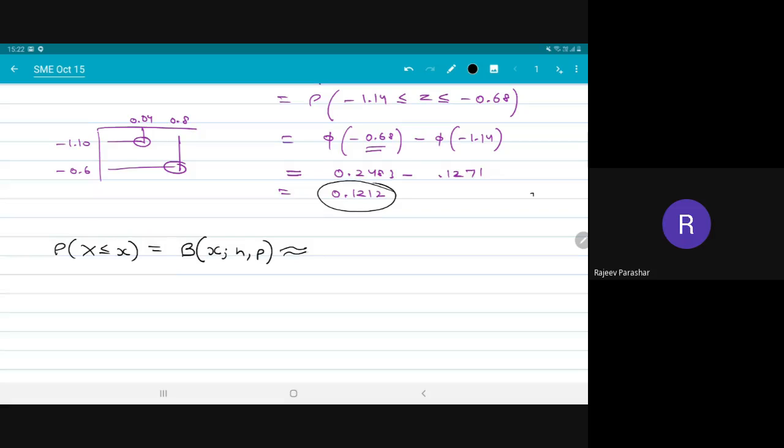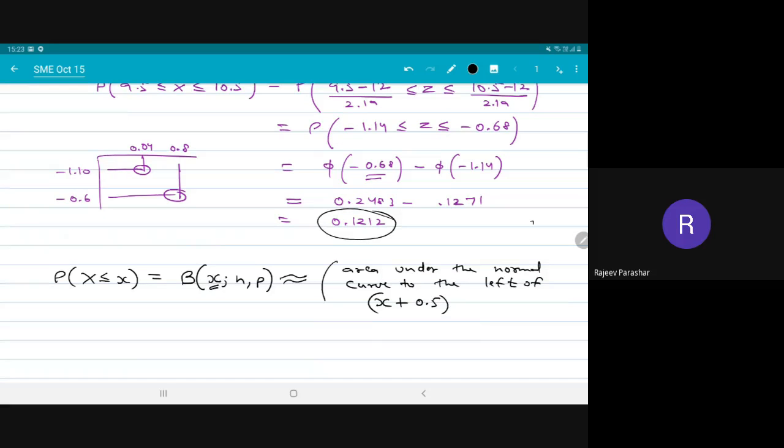This will be approximately equal to the area under the normal curve to the left of x plus 0.5. Whatever value that we are looking for, we have to move the point towards the right by 0.5.